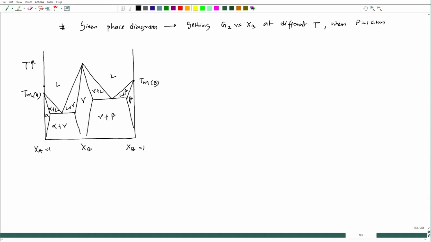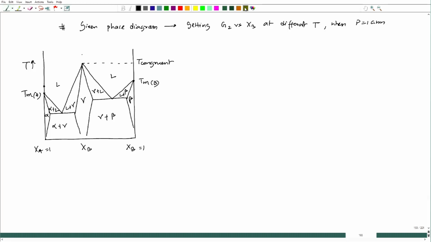If I take a phase diagram like this, and this temperature corresponds to T congruent. So, this is the congruent melting phase, which is gamma, and it has a melting point more than T M A as well as T M B.